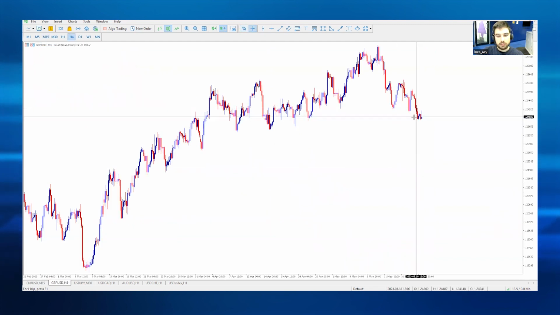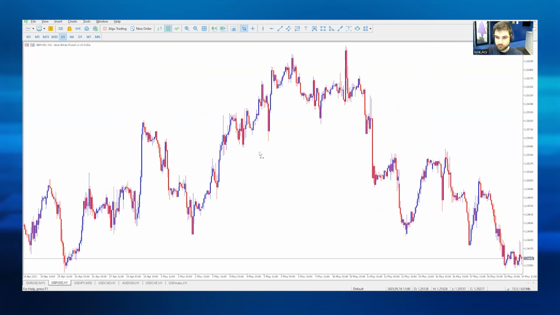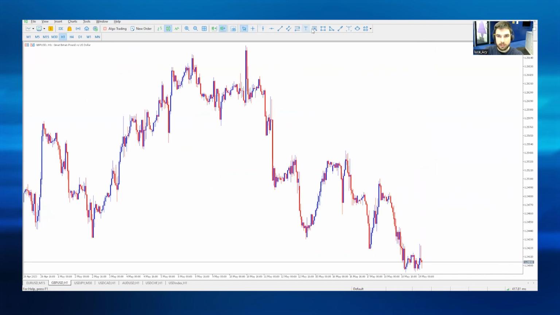Well, I'm still thinking that we can get a bit lower on GBP USD, right? So if we go to the 1 hour chart, same thing was happening here. We had this consolidation going on. If UK inflation comes in much lower than expected, as we are looking at the economic calendar on Thursday, if I'm not wrong, then it will be a good opportunity for us to look for shorts on the market.